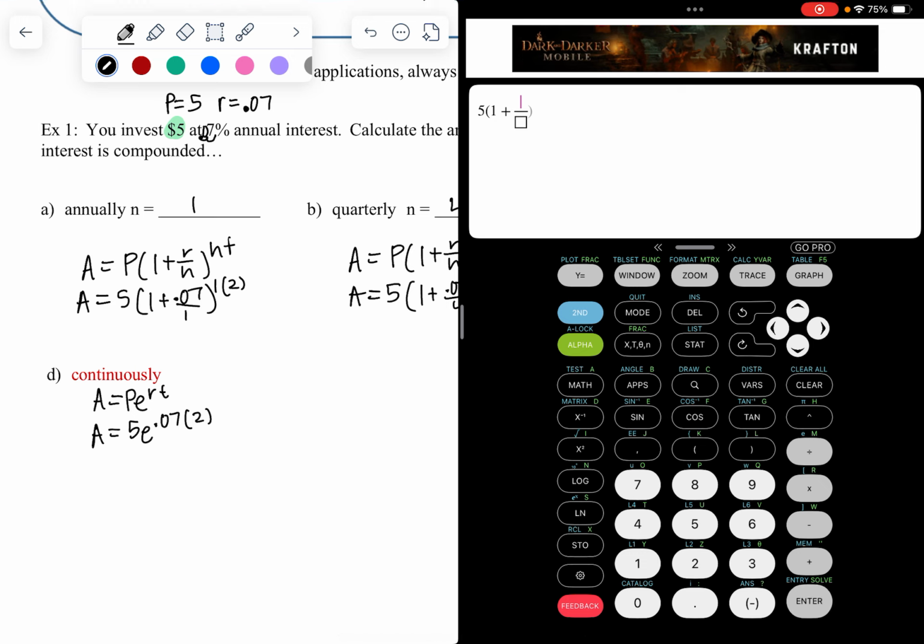And so 0.07, and it's not really useful for this one because n is just 1. And then to get in the denominator, then close the parentheses, jump up in the exponent, and type your 1 times 2.